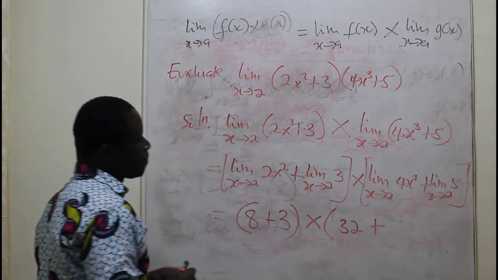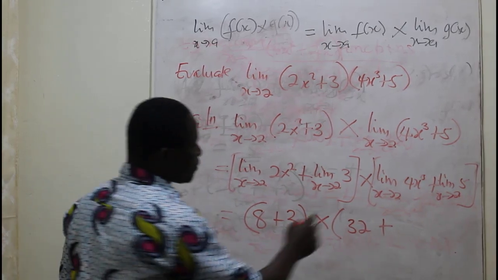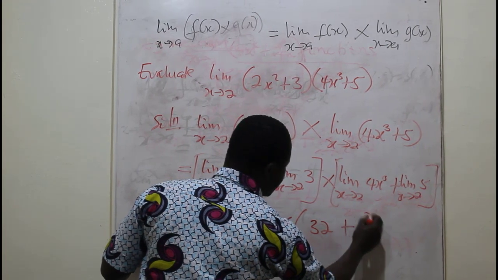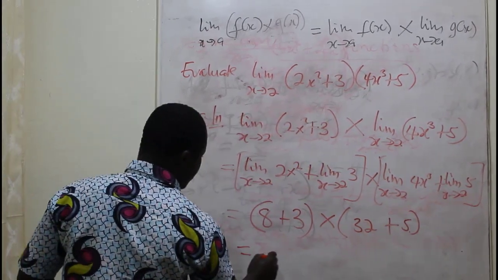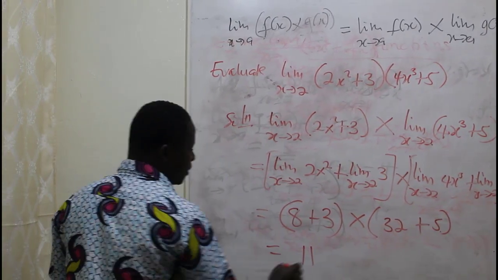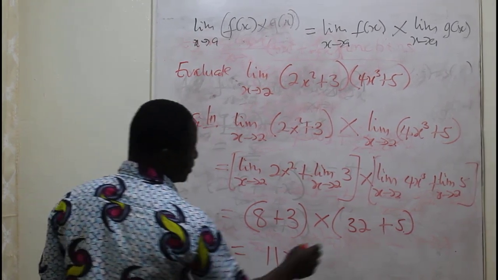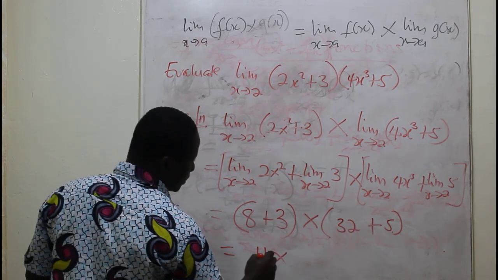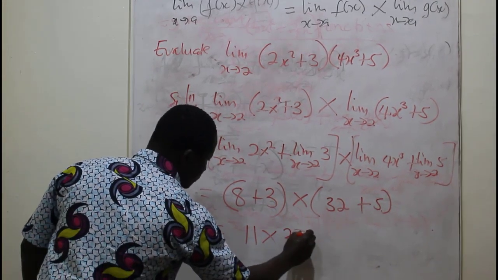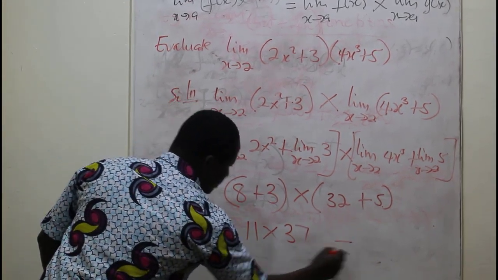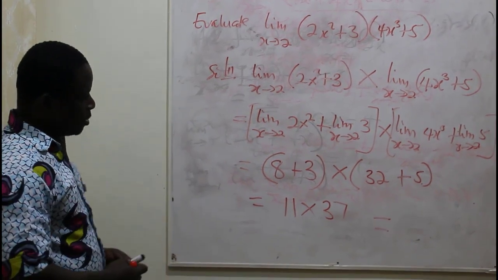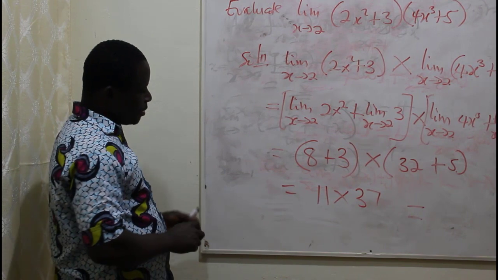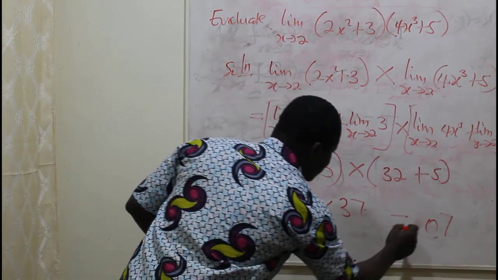Plus, the limit of a constant is the constant, so the answer is 5. So what is happening here is 11. We multiply this times that plus that will be 37. And 37 times 11, the answer will be 407, sorry.